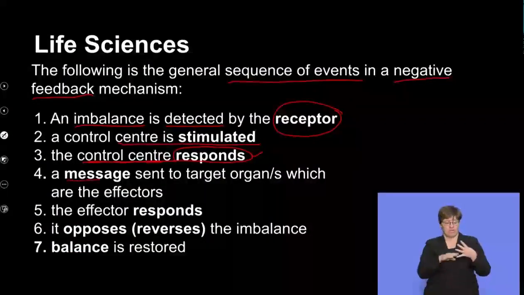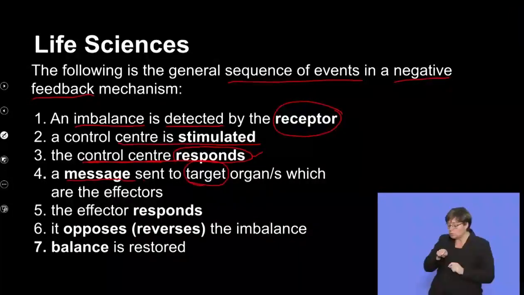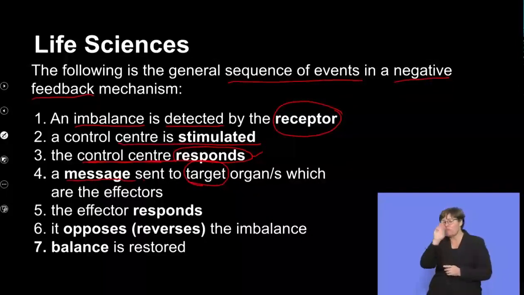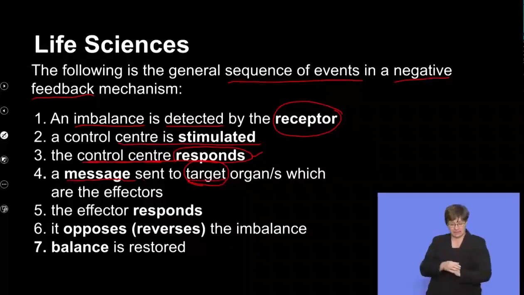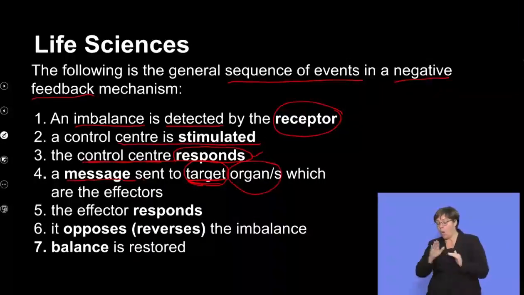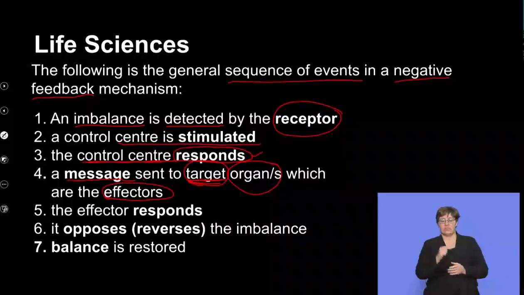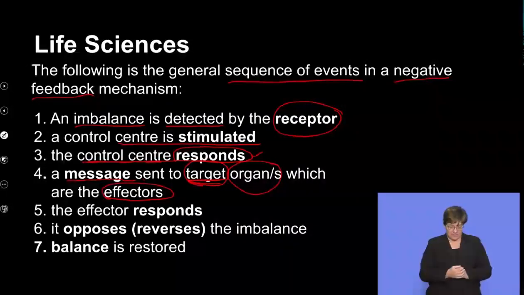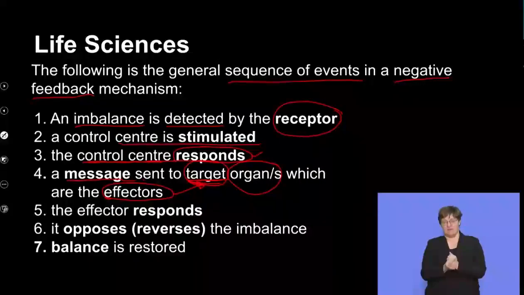Then the message is now sent to the target. Remember, we did talk about the target. We said the hormones must have a target, and when they are secreted, the secretion goes exactly to the target. So, step number 4, a message will be sent to the target or the organ, which are the effectors. What are we talking about when we are talking about the effectors? The effectors are nothing else but the targets in this case.